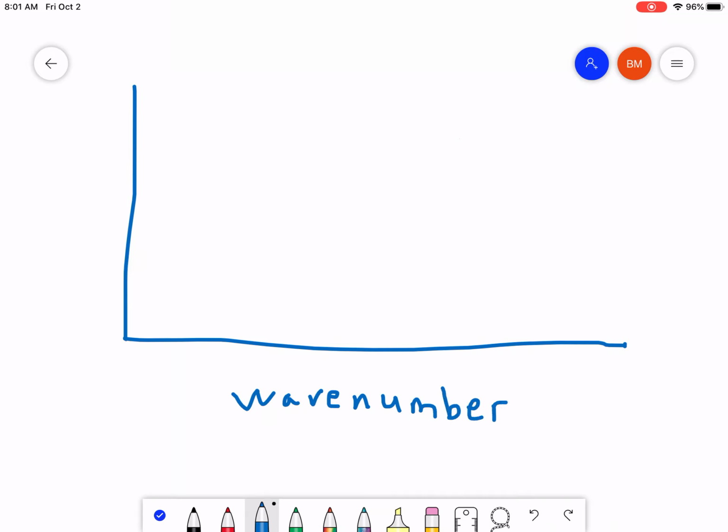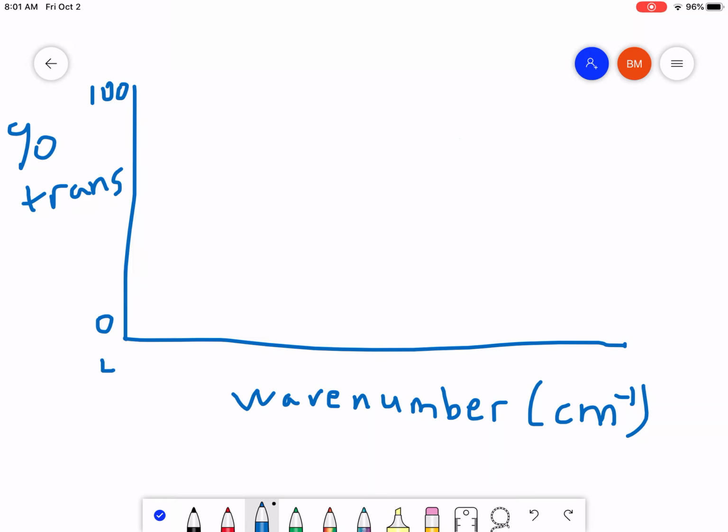We measure it in units of inverse centimeters. All right, and on the y-axis you can have different things. Most often it's plotted as percent transmittance, and that goes from 0 to 100, as any good percentage system would.